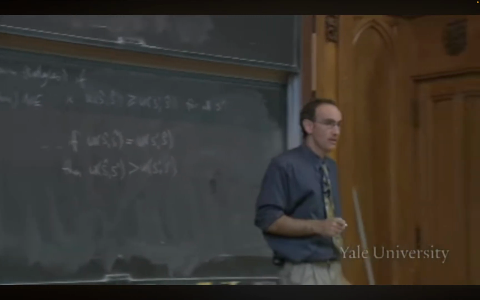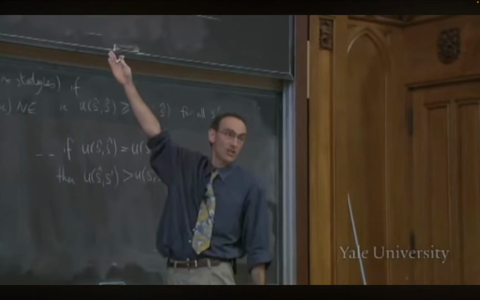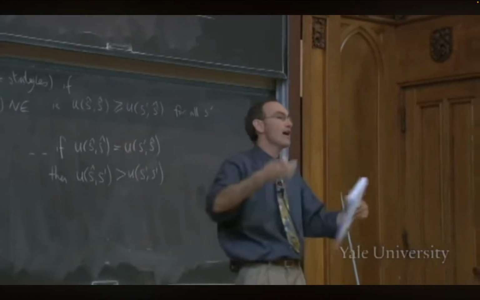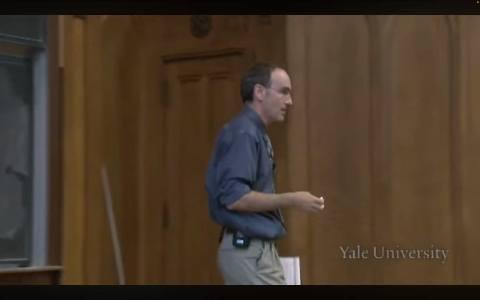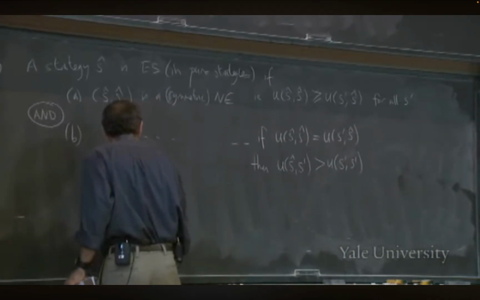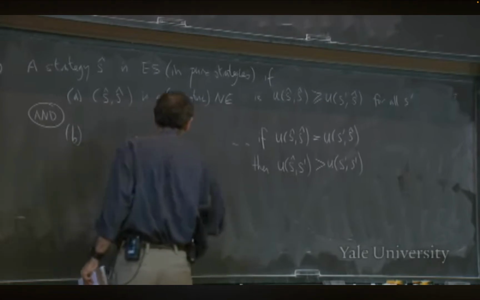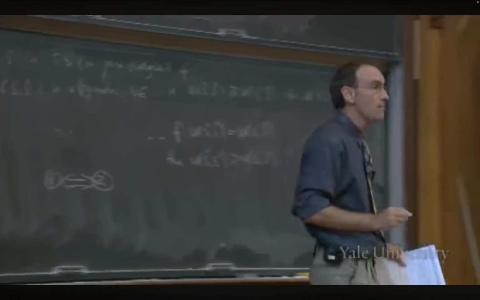It's really rather a pain to check definition 1. Why? Because you've got to keep track of these epsilons and so on. But the fact that definition 1 and 2 are equivalent means we only have to check the second definition.